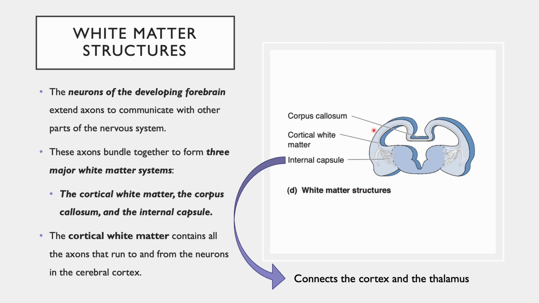Now, the corpus callosum, remember, is this large commissure in the brain that allows information to be passed from the left hemisphere to the right and vice versa. The internal capsule is this bundle of axons that allows for communication between the thalamus and other areas of the brain. For example, the internal capsule can regulate information from the cerebral cortex to the thalamus.